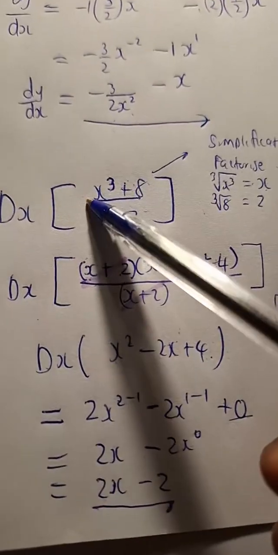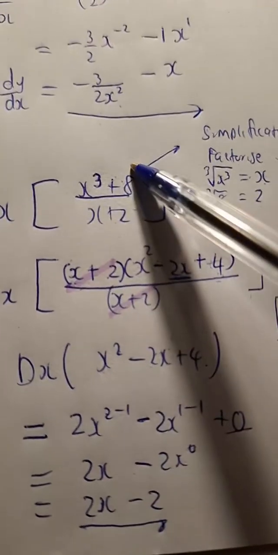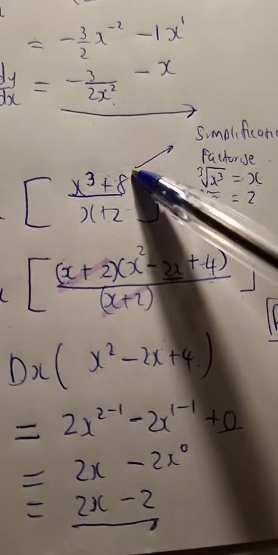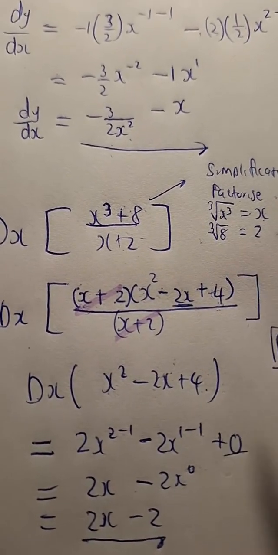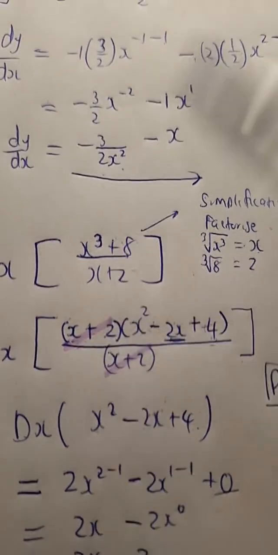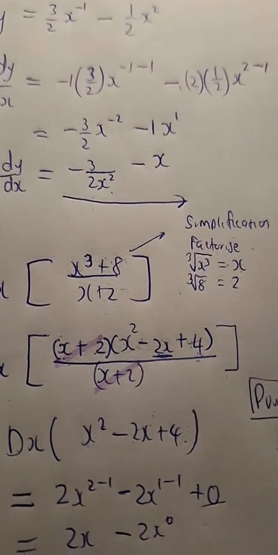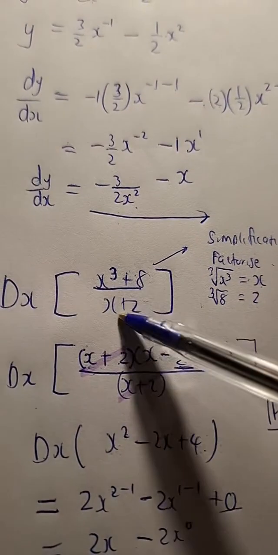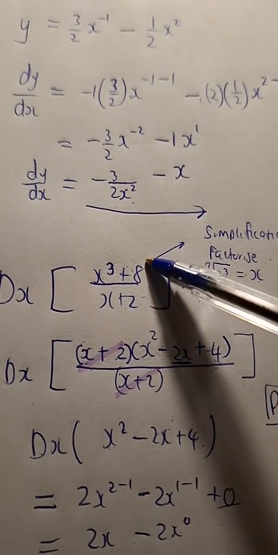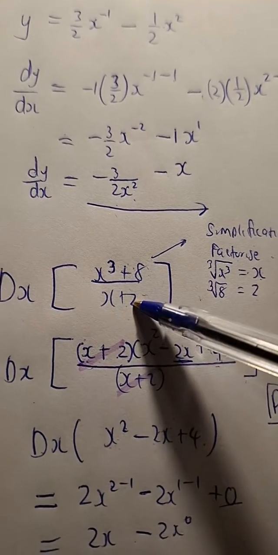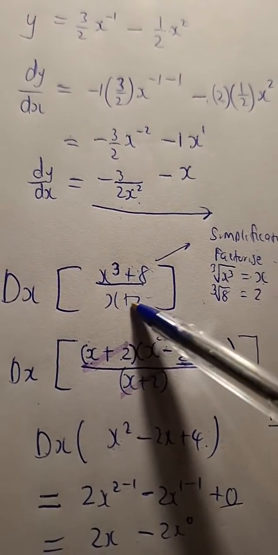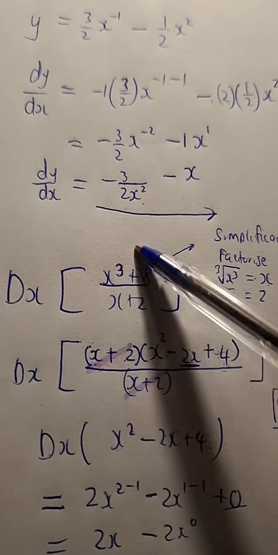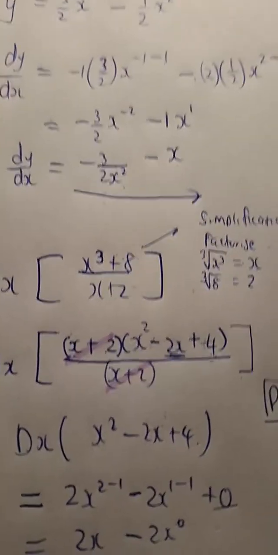So in this case, x cubed plus 8 was factorizable. That's what could help facilitate me simplifying this particular expression. So that's why I used factorization to simplify. So whenever you have fractions, with numerous terms in the numerator and numerous terms in the denominator, you must consider factorizing, especially if you have more than 2 terms in the numerator and the denominator. Then factorization is your go-to guy, right?